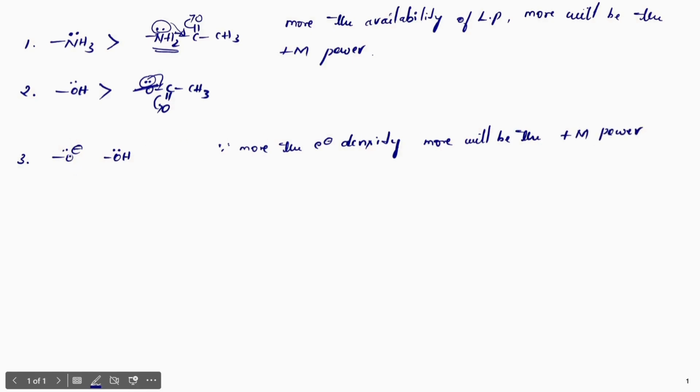These electrons are easily available. Therefore, O minus is a better positive mesomeric group than OH. The next example is NH minus and NH2. Here, nitrogen has a negative charge along with a lone pair of electrons, whereas in NH2 nitrogen has only a lone pair. The electron density of NH minus is greater than NH2. Therefore, NH minus acts as a better positive mesomeric group.